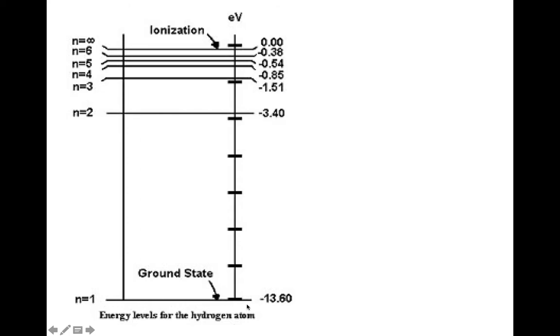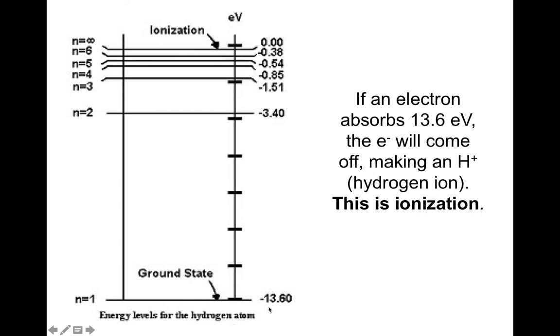So in the n equals 1 level, you'll notice you have an energy of negative 13.6. The negative sign indicates to you how much energy you're missing in order to go up, right? So this electron in the ground state needs to absorb 13.6 electron volts in order to ionize.